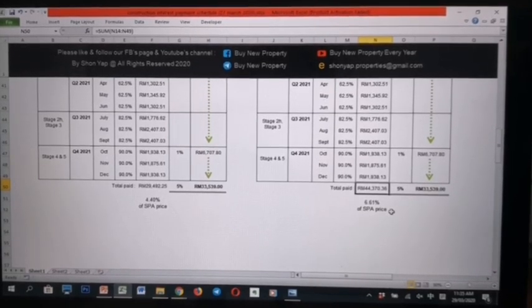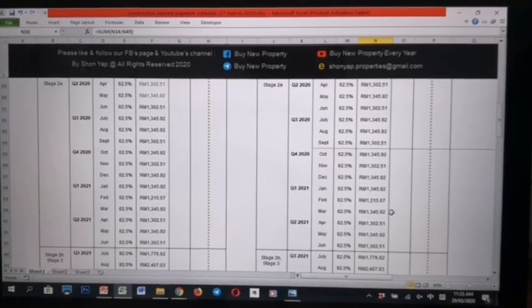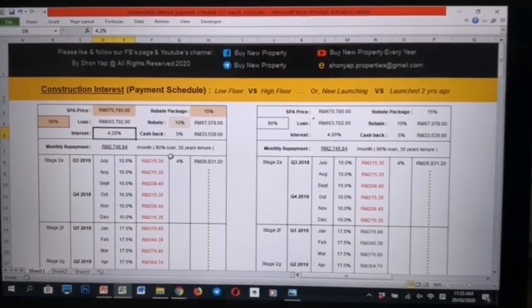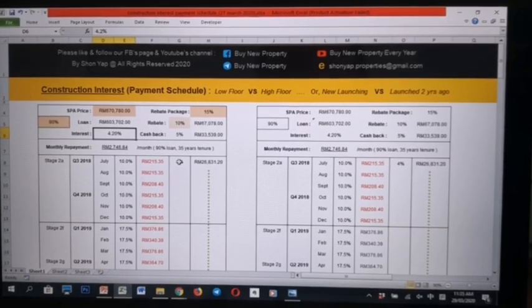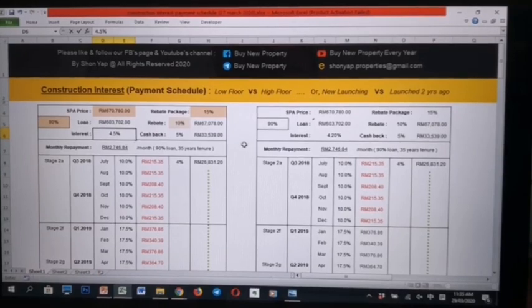Grace, yes, if the SPA price increases, the progressive interest will also increase. Let me show you what if, because now we all know the interest has dropped to about 3% plus or 4%. What if next year the interest increases to 4.5%?